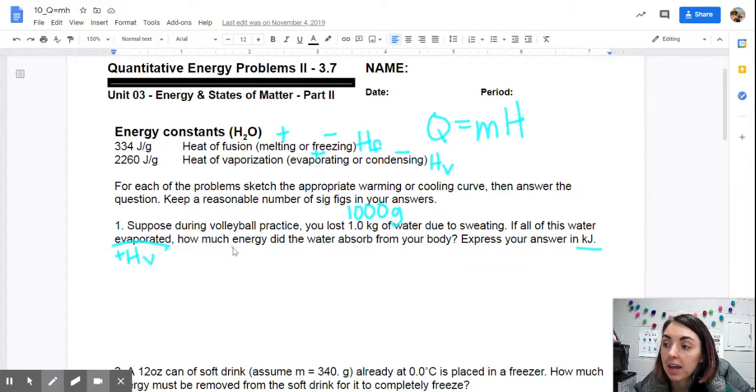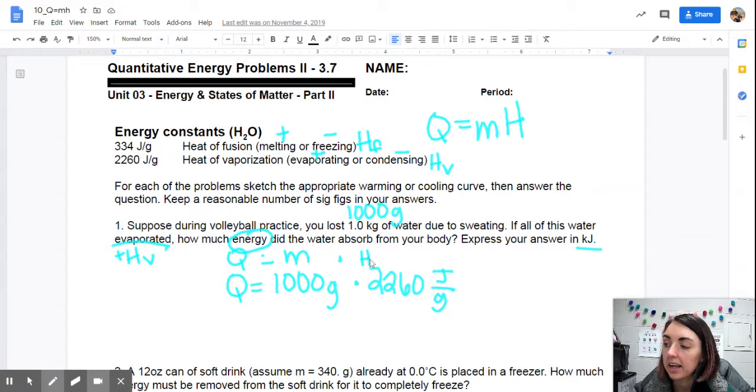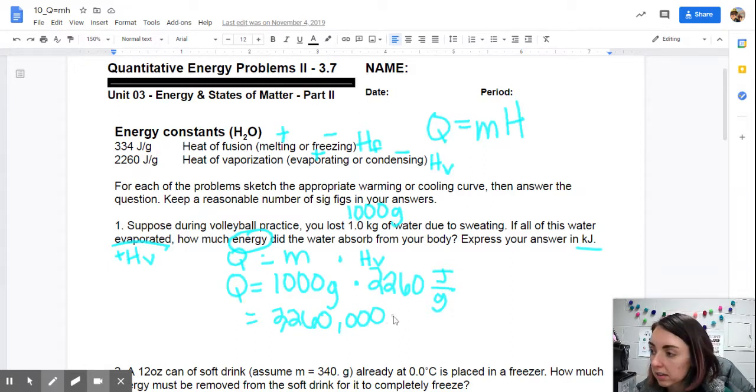I'm calculating energy, Q. So Q equals my mass, 1,000 grams, times, I said H sub v positive, 2260 joules for every gram. I'm using the equation Q equals m times H sub v. I stick that in my calculator and get this real big number: 2,260,000 joules.